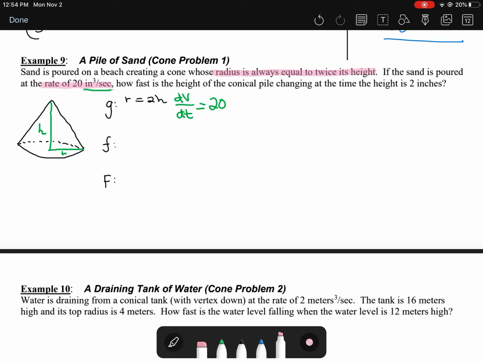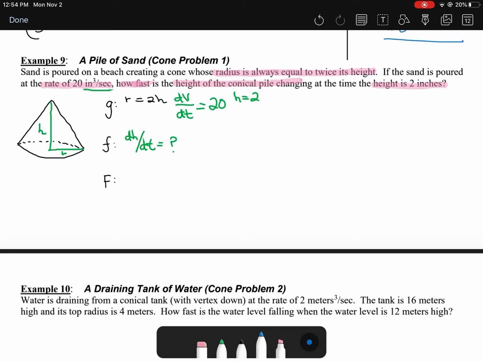How fast is the height of the conical pile changing at the time the height is 2? So how fast is the height of the pile changing when the height is 2? Okay, well, the height is 2, so I'm going to go ahead and put that there. And they want to know how fast the height is changing, so dh/dt is what we need to find.